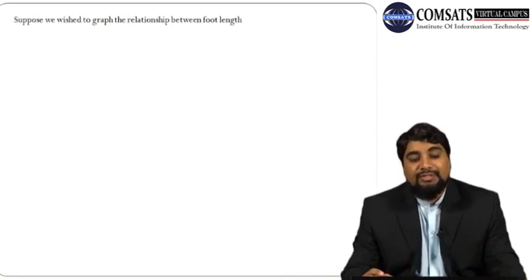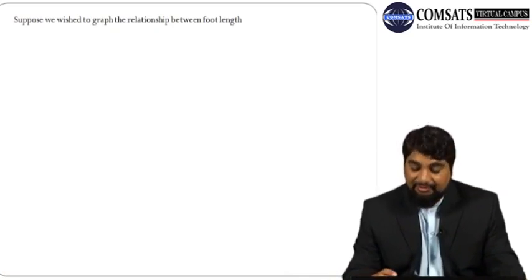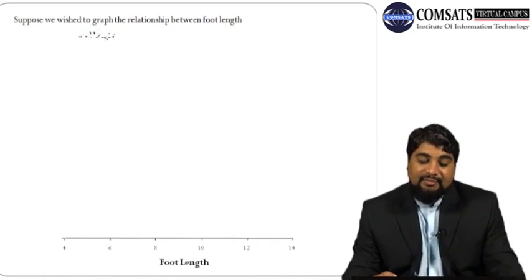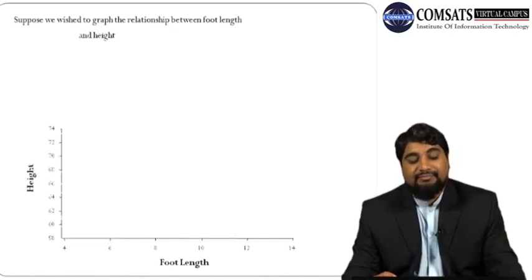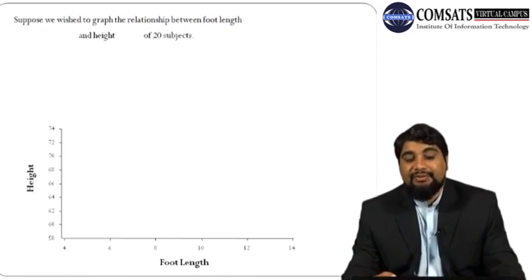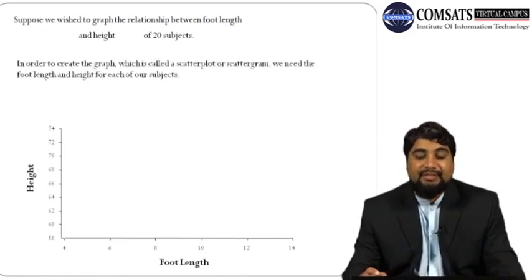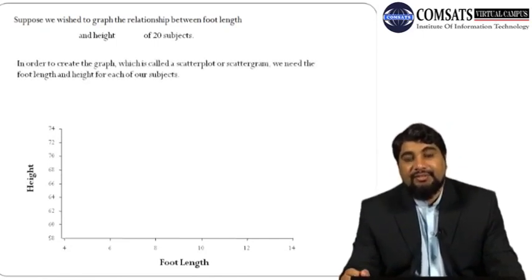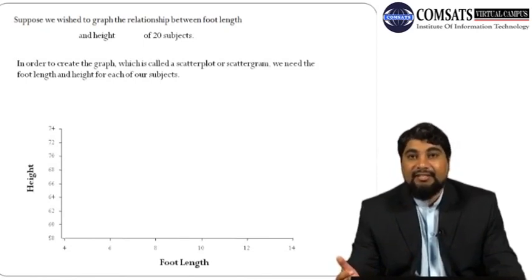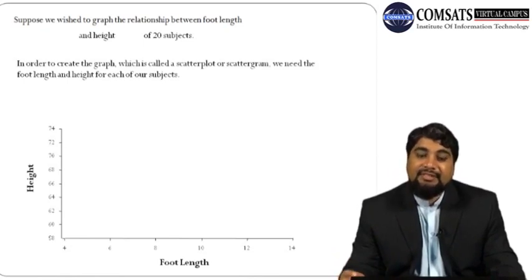Suppose we wish to graph the relationship between foot length, taken along the x-axis, and height, taken along the y-axis, of 20 individuals or 20 subjects. In order to create the graph, which is called a scatter plot, scatter diagram, or scattergram, we need the foot length and height for each of our subjects.